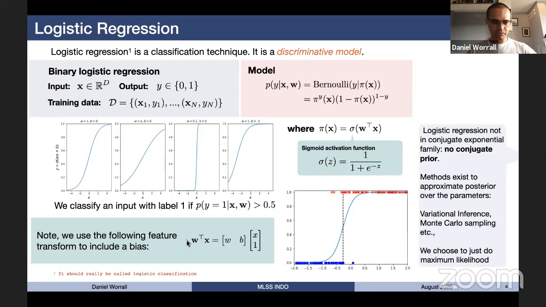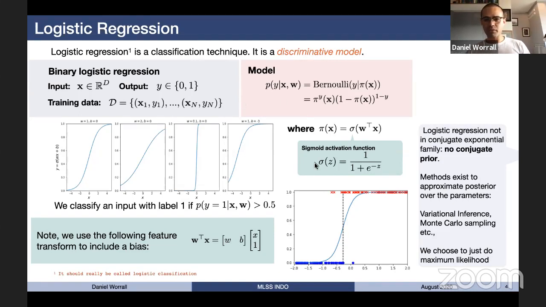So a bigger w gives you a steeper slope, a much sharper sigmoid. Smaller will make it more shallow. And b will determine where this sigmoid is positioned along the x-axis. So by changing w, you can change the shape of this sigmoid function.